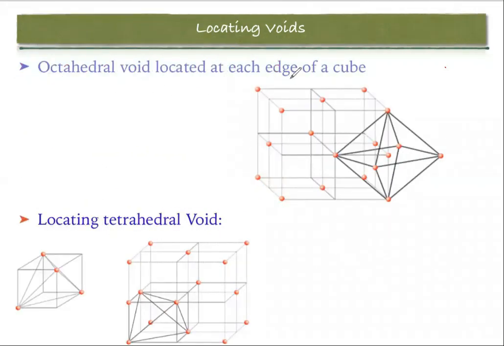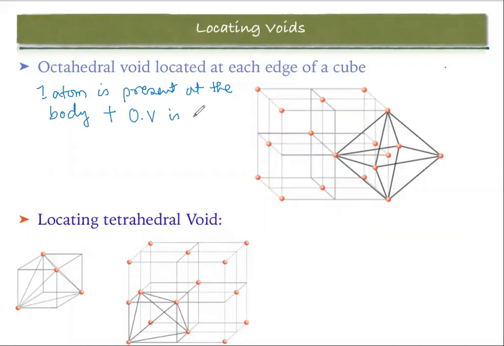Now coming to the next position of octahedral void, as one atom is present at the body, plus octahedral voids are present on the edge. You can see that this is one edge. So octahedral void is present on each edge of CCP.